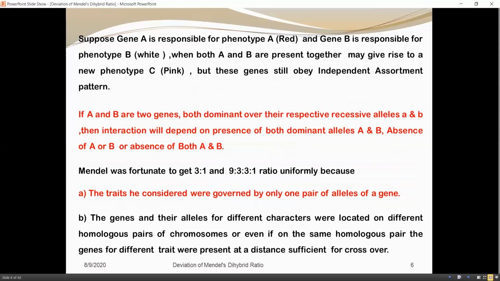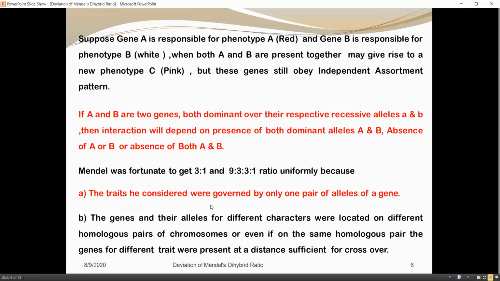Suppose gene A is responsible for the phenotype A, red, and gene B is responsible for the phenotype B, white. When both capital A and capital B are present together, they may give rise to a new phenotype C or pink. But these genes still obey independent assortment pattern.